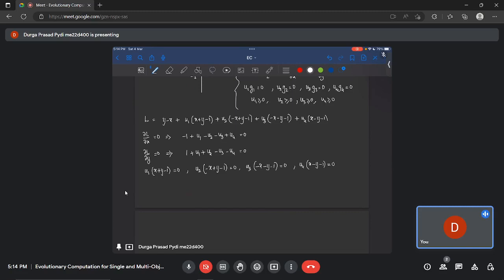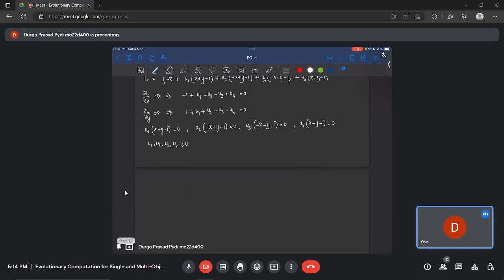In addition, u1, u2, u3 and u4 should all be positive values. These are my set of equations. When I solve all of them simultaneously, I should be able to get the solution of x, y and the corresponding values of u1 to u4.